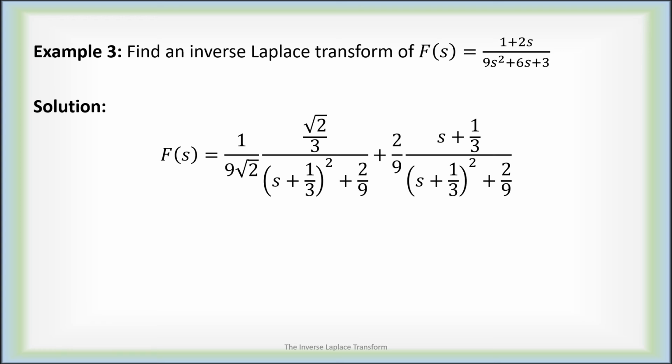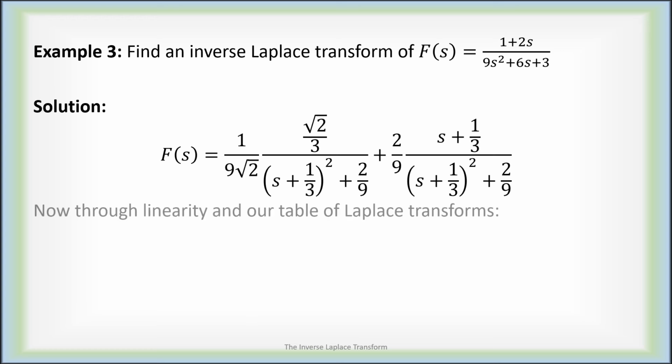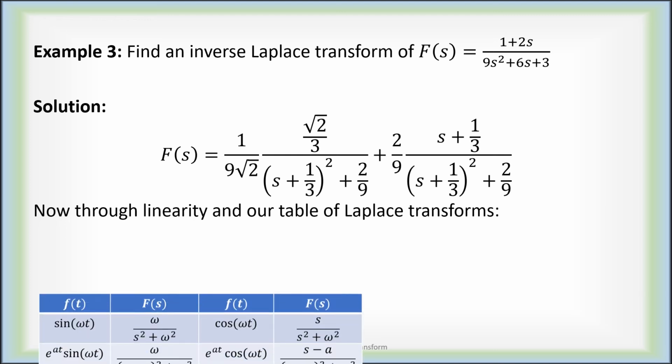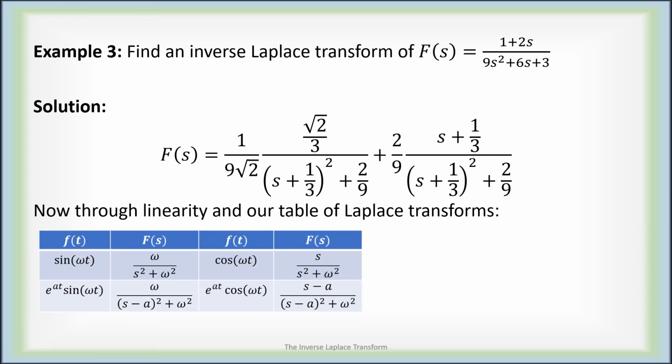Okay, so here is our function capital F, 1/9 root 2, and then this is omega over s minus a squared plus omega squared plus 2/9 times s minus a over s minus a squared plus omega squared. Through linearity of the Laplace transform and a table of Laplace transforms, here was the relevant couple of rows.